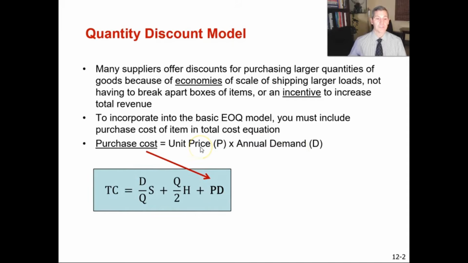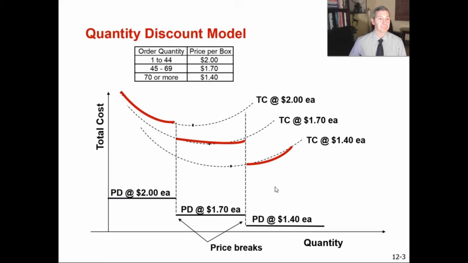So if something costs $1 and you buy 200 of them per year, your purchase cost is 200. 1 multiplied by 200 gives you 200, and that is your purchase cost. So that's the quantity discount model. We're going to take that purchase cost into consideration when making purchasing decisions and which quantities we should buy.